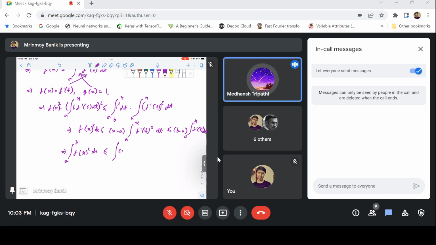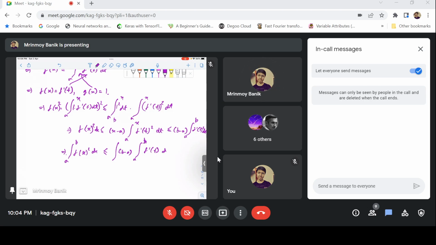Now we can integrate this also to be a to b, because f dash squared is always greater than 0, positive. So b minus a is constant, so it will just go out.